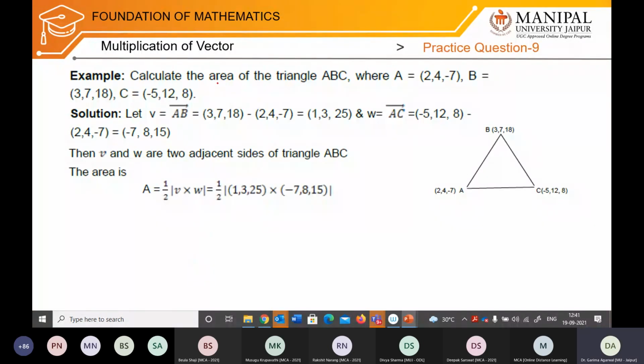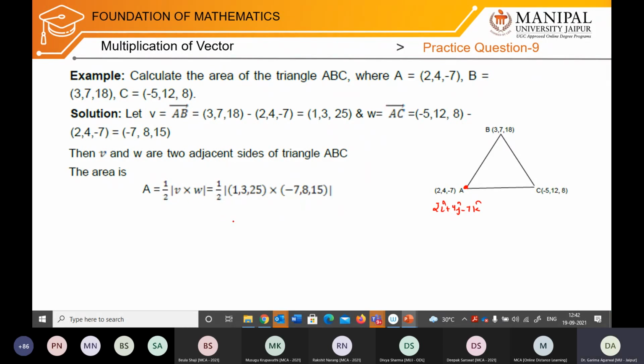This is the application based question. Calculate the area of the triangle where A, B and C are given like that. So the coordinates of A are 2, 4, minus 7, that is 2 i cap plus 4 j cap minus 7 k cap, right? Similarly B and C. And we need to find the area. So we know that it is 1/2 times the magnitude of v cross w, where v and w are adjacent sides.